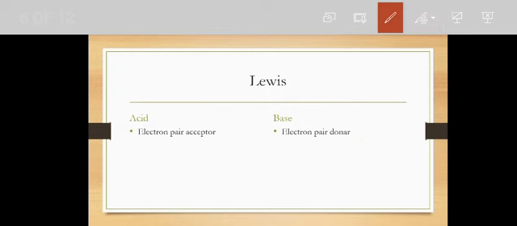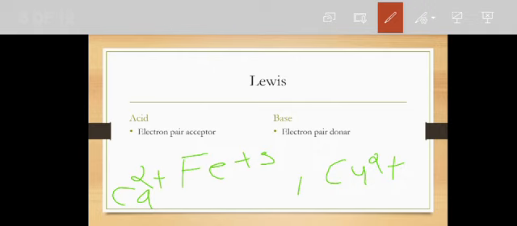How, with the help of an example, you can easily understand. For example, any metal cation, for example Fe3 plus, or copper 2 plus, or Ca2 plus, any metal. They have a positive charge. Metals always carry a positive charge.